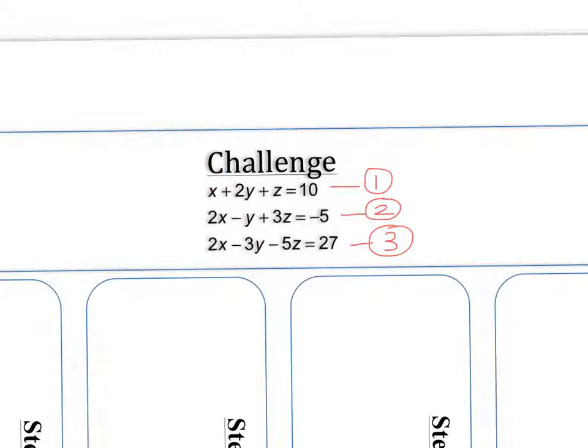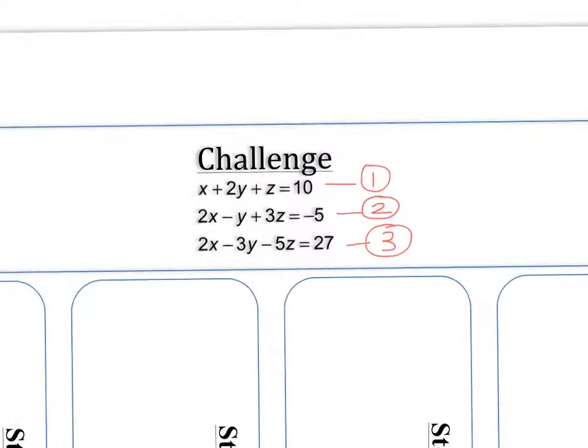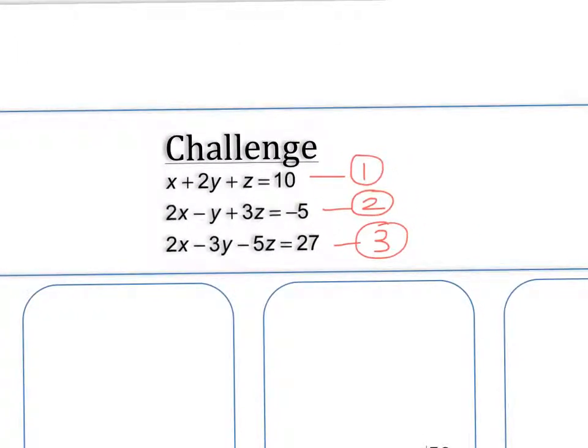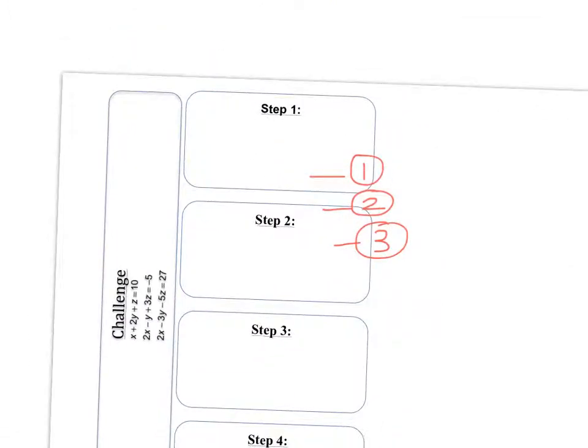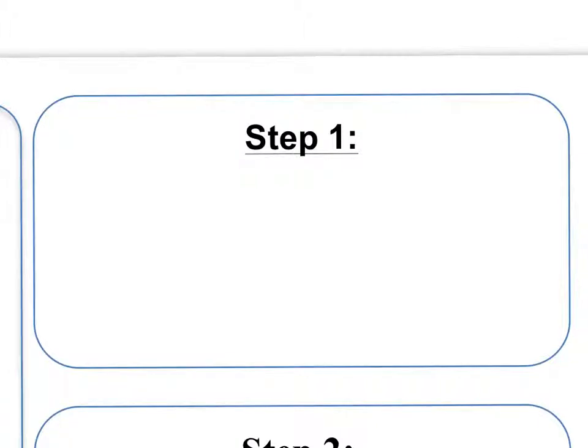It's the easiest one. Now remember, there's more than one method to solve a system of 3 equations, and you can choose any method. Just try to choose the one that's simpler to you. So let's copy the first and the second equation onto step 1, and let's try to eliminate x. So my first equation is going to be x plus 2y plus z equals 10.